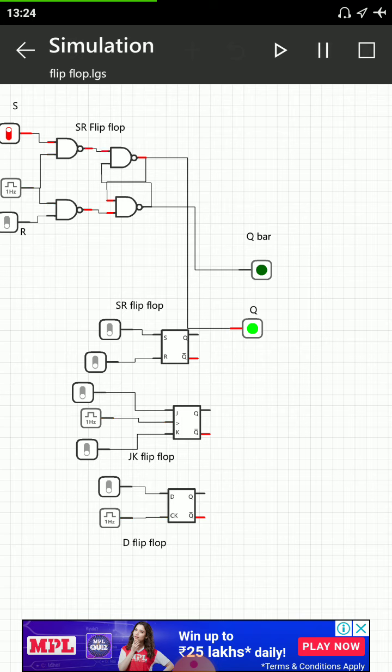So for a NAND gate, if one of the inputs is 0, output is always high, and this is making both the inputs to the fourth NAND gate high, which means Q bar will always be low. The LED Q bar will always be low. This is your set condition.